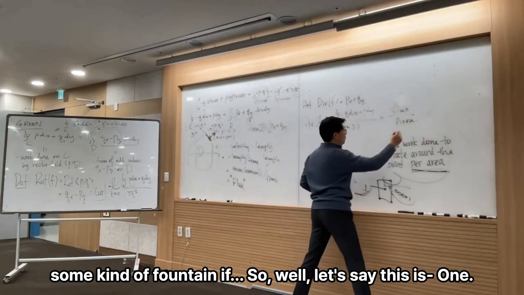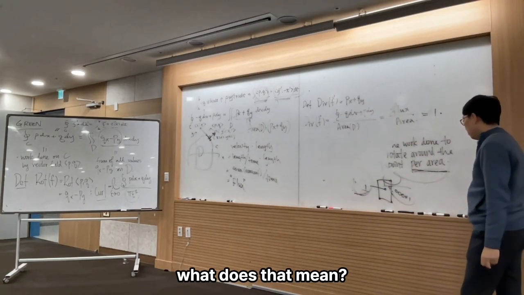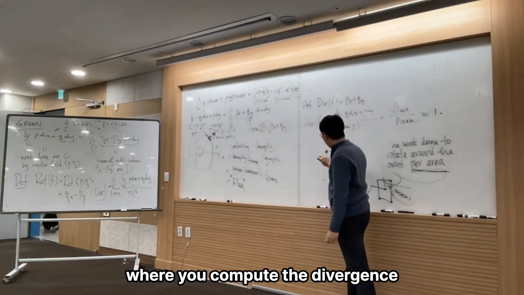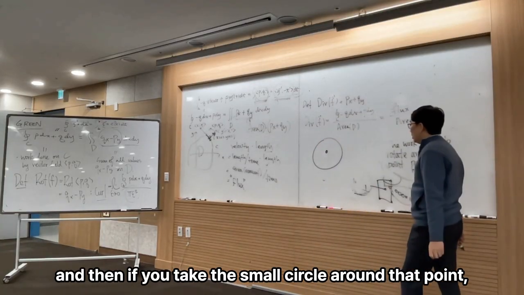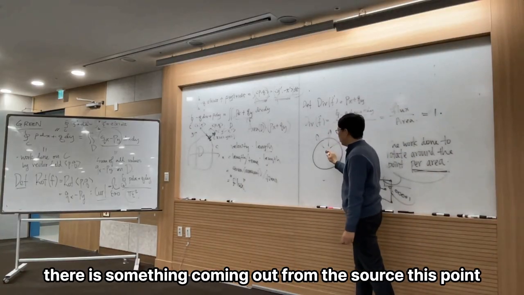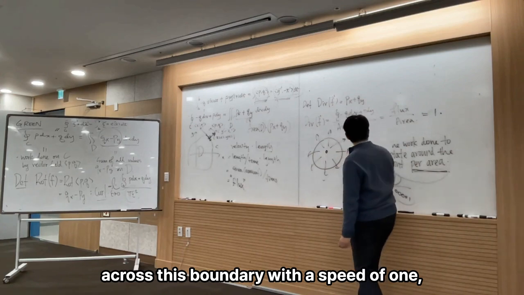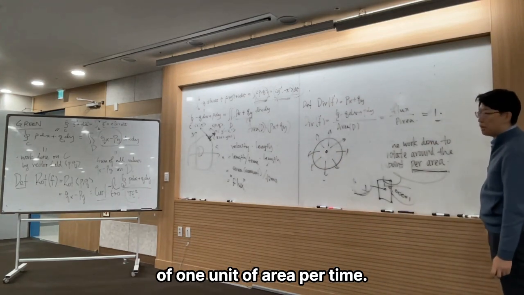Let's say the divergence equals 1. What does that mean? It means that you're looking at a point where you compute the divergence, and if you take a small circle around that point, something is coming out from the source, this point, across this boundary at a rate of 1 unit of area per time.